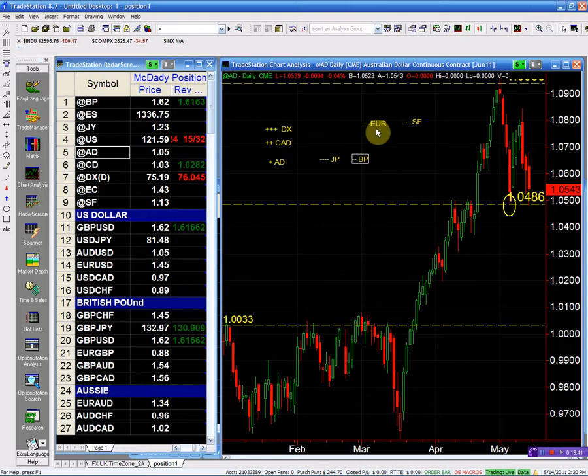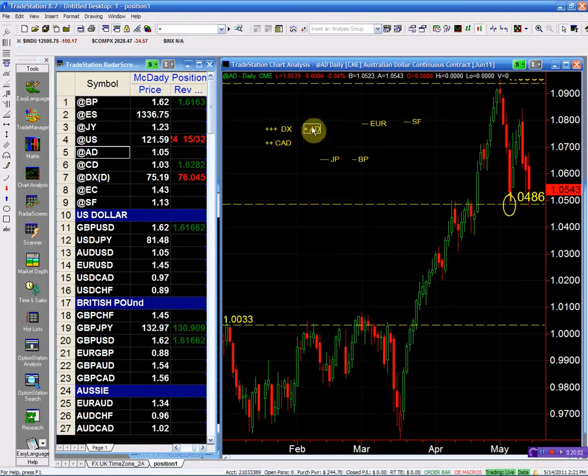I'm going to keep an eye on the Aussie dollar, because the dollar is much stronger than the Aussie. So if we have a break in the Aussie, we might get a liquidation to the downside. So that is one of the things I would be keeping an eye on. So the hierarchy, dollar is number one, CAD is number two.